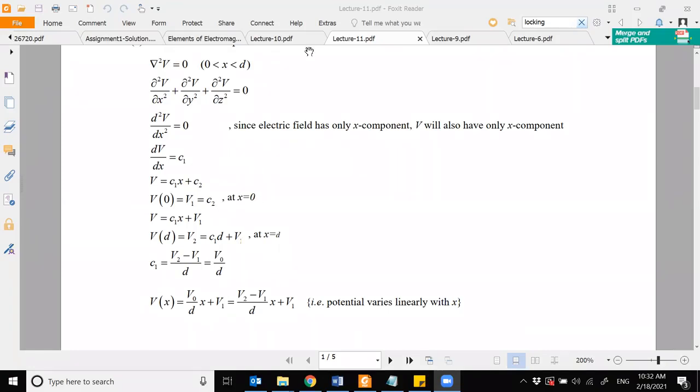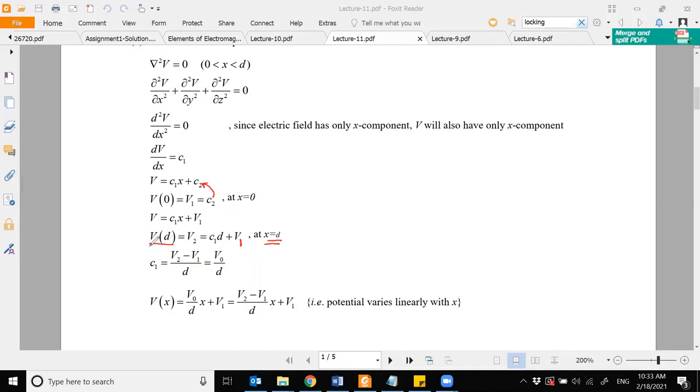Now I'm substituting C2 in this equation. So I'm getting V is equal to C1 x plus V1. Now at x is equal to d, what will happen? V of d is equal to C1d plus V1.